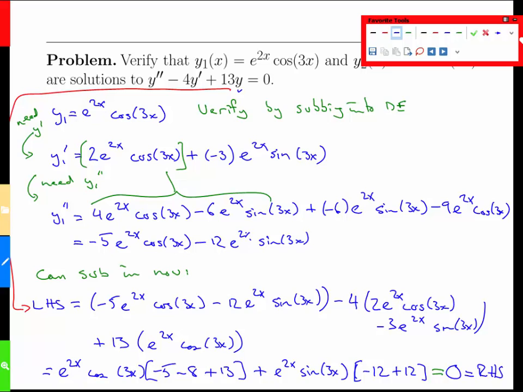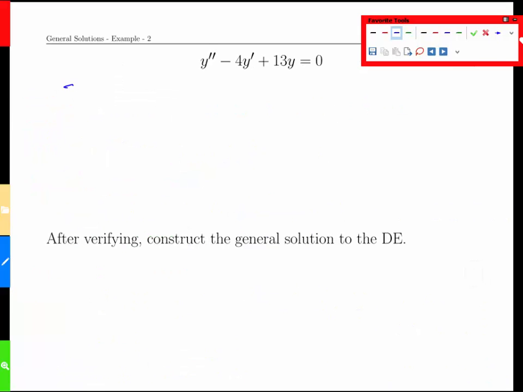When we sub this y1 into the differential equation, calculate, simplify, cancel, it equals 0. And that's our verification that y1 is a solution. So y1, which is equal to e to the 2x cos of 3x, is, in fact, now a verified, confirmed solution.